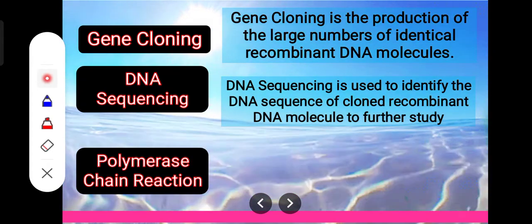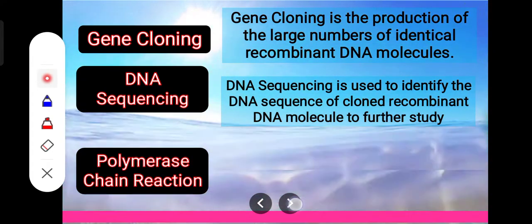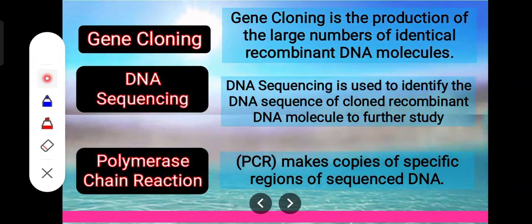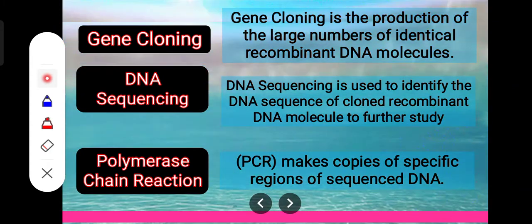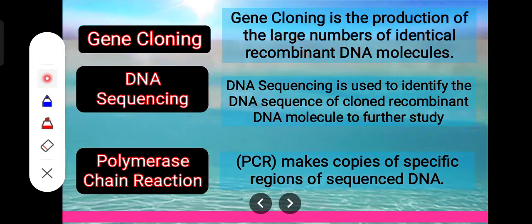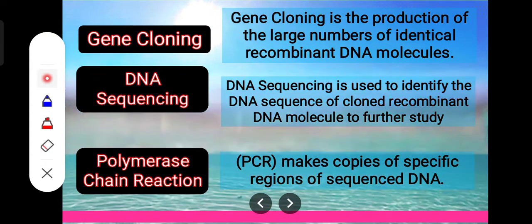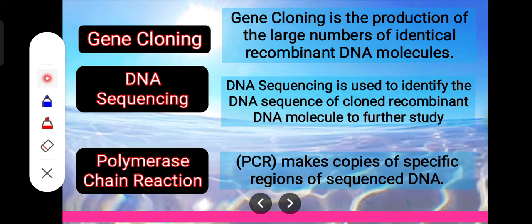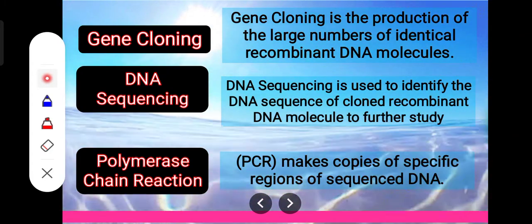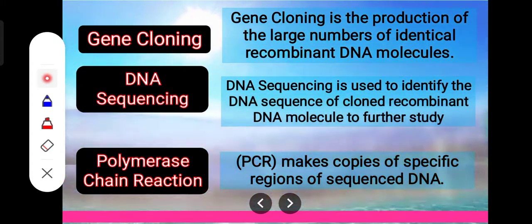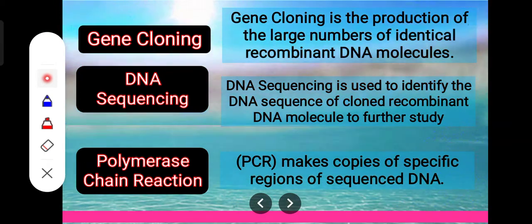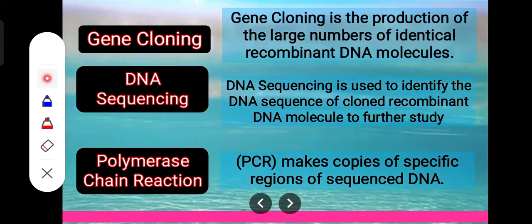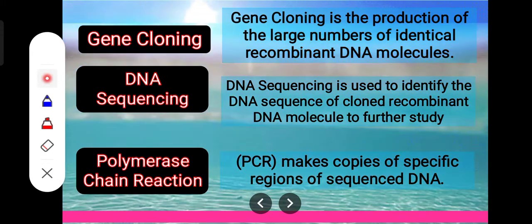We also have polymerase chain reaction, or PCR, which makes copies of specific regions of DNA. It is used to copy DNA for any scientific investigation, including forensic analysis and medical testing. So those are some processes under biotechnology.